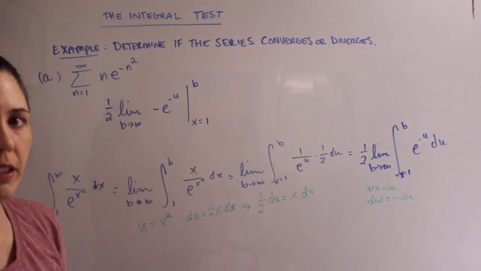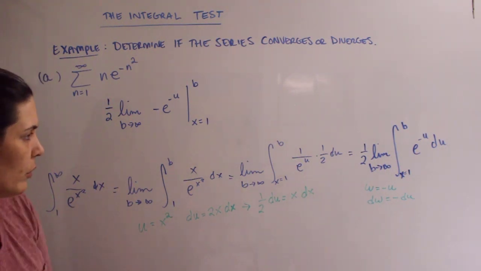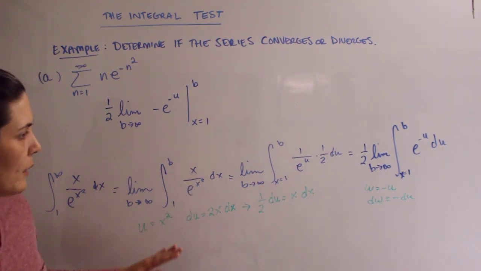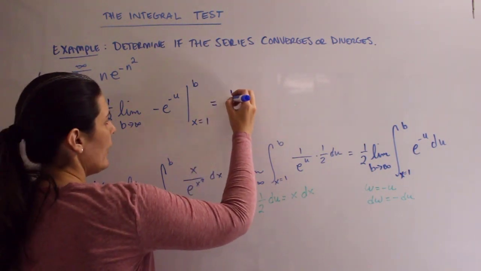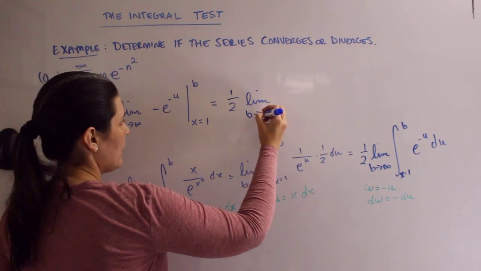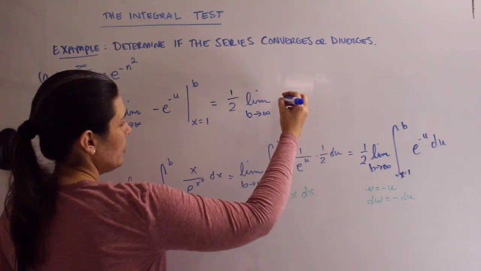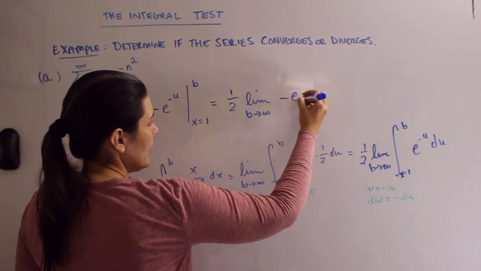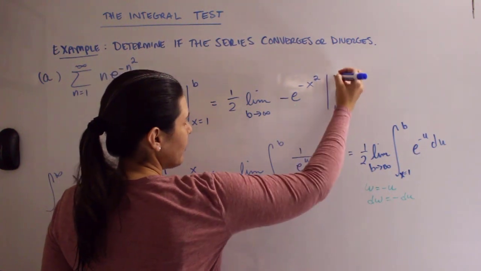Keeping it clear that I didn't change my limits of integration. I could have solved for u back here, but I'm just leaving them. I'm going to resubstitute. I'm just showing every step, but you might have been able to jump from here to right here where I'm about to. This is negative e to the negative x squared, and then we're plugging in 1 to b.